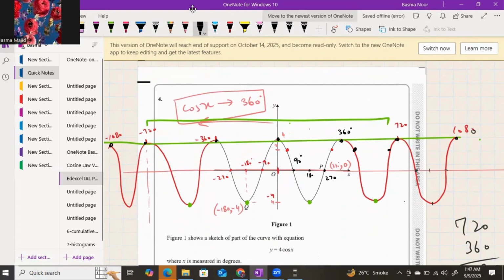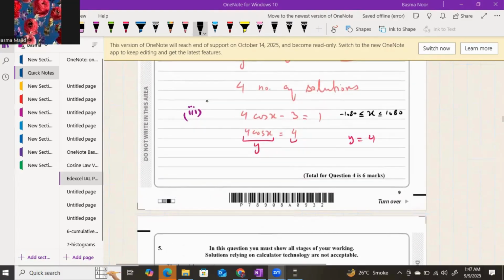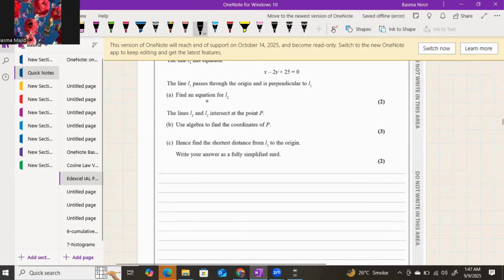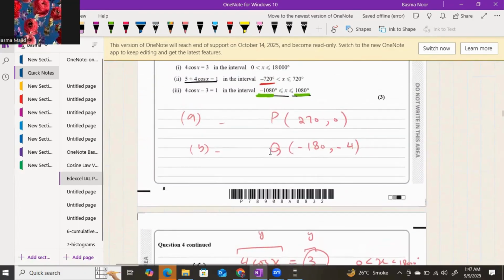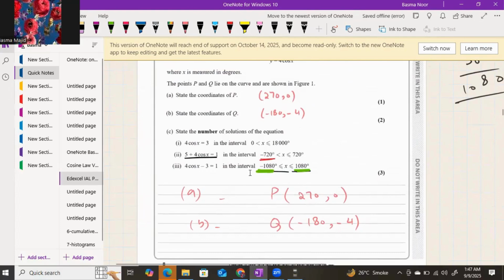I'm going to write 7. You don't have to write number of solutions, you can simply write 7 for part 3.